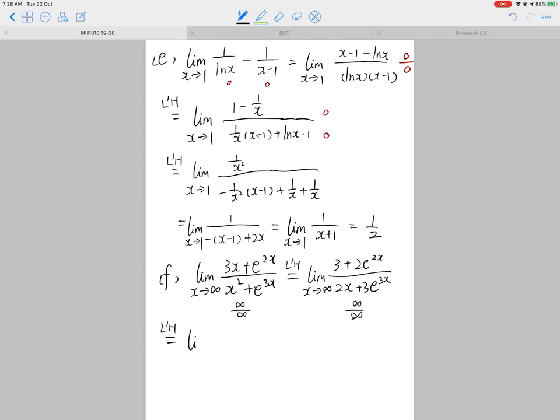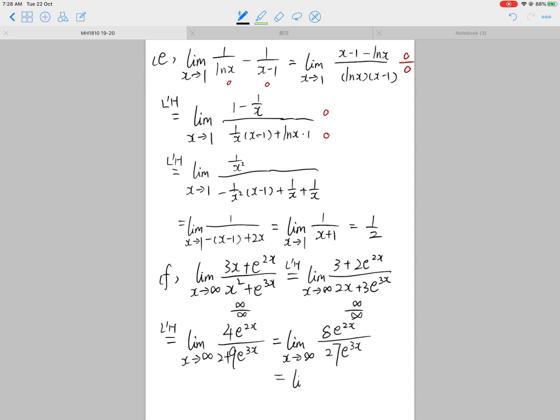Then you have to do it again by L'Hopital's rule, because now it's still infinity over infinity. So the top derivative is 4e^2x. Bottom derivative is 9e^3x plus 2. Again, it's infinity over infinity, so the top is 8e^2x, and bottom is 27e^3x.